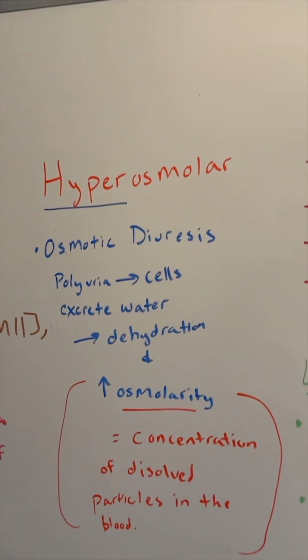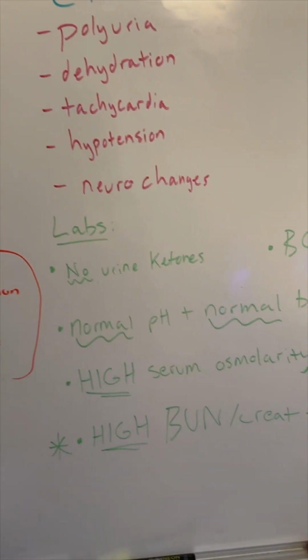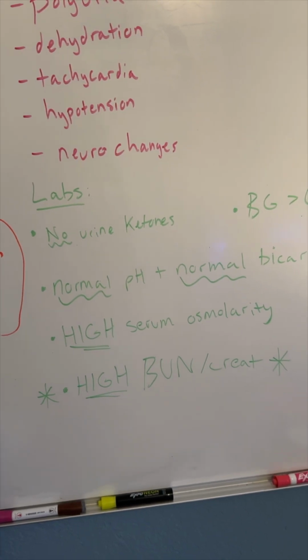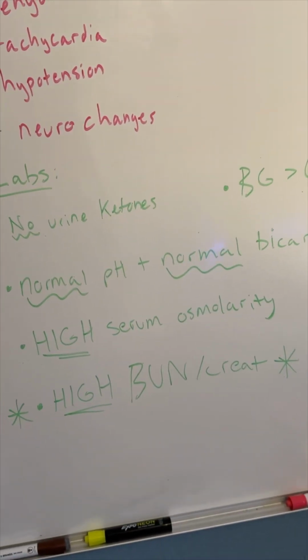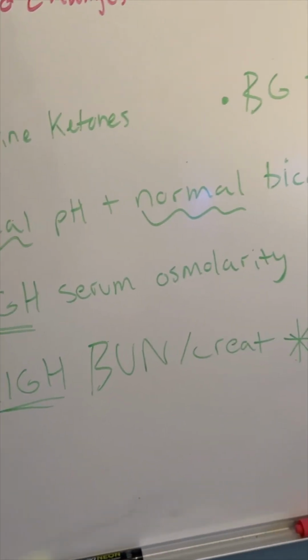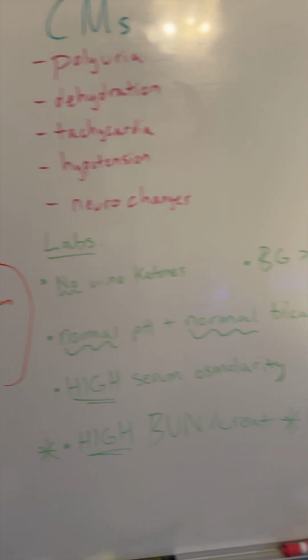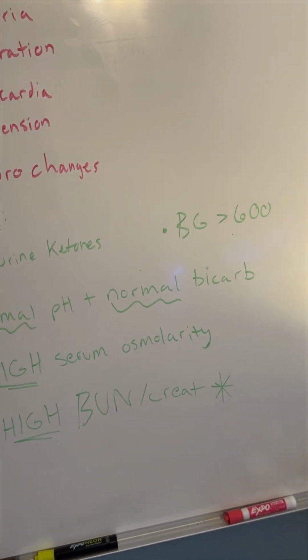But because of that hyperosmolarity, all the water leaving the cells, trying to flush out that sugar, we are going to see that high serum osmolarity. And you can imagine with the kidneys going into overdrive, trying to flush all that out, we're going to see high BUN and high creatinine. You'll remember with DKA, there was something about potassium levels being low.